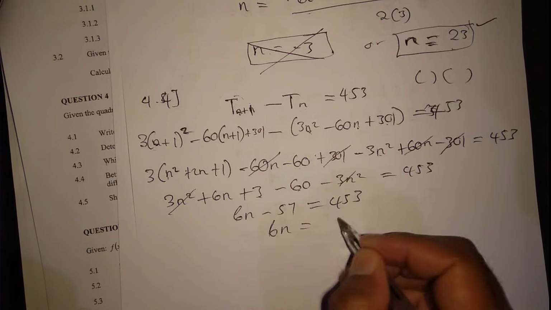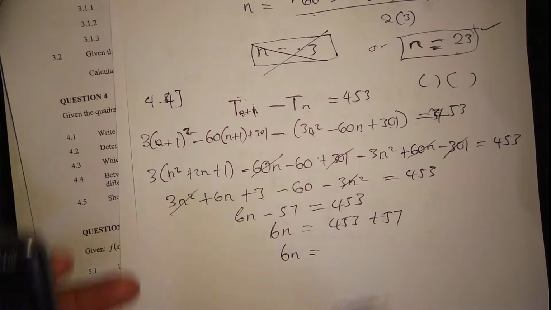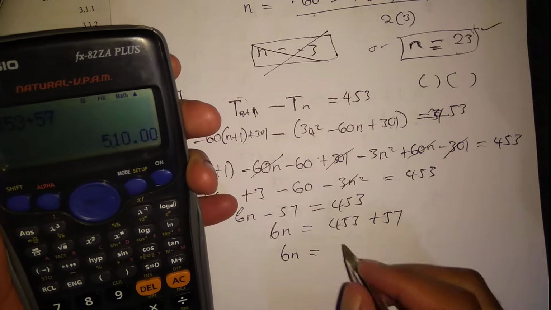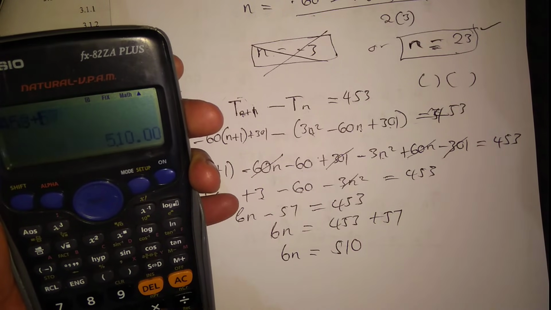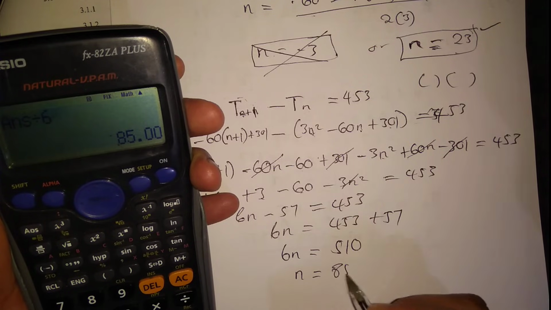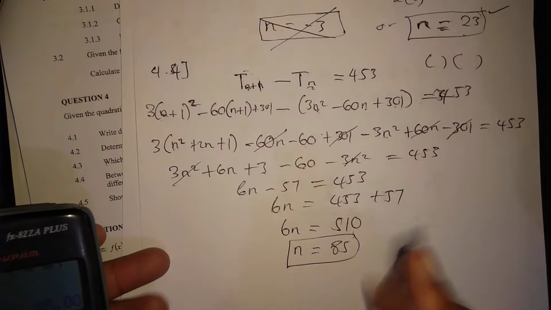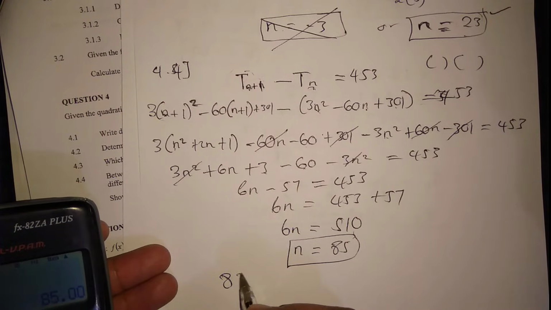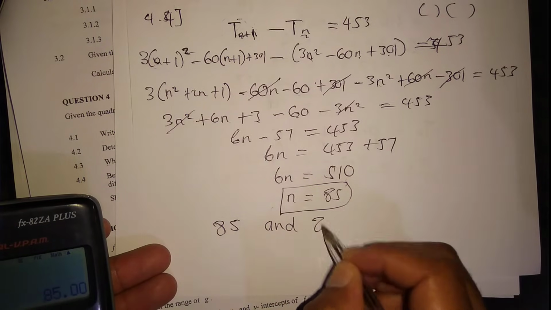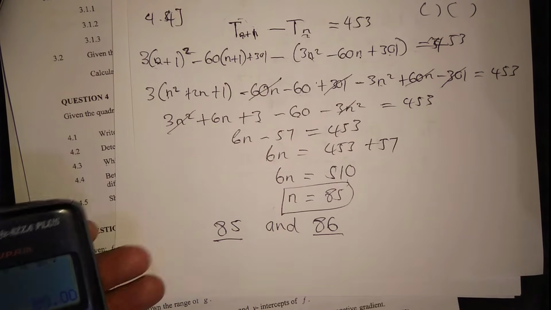And then 6n is equal to 453 plus 57. 6n is equal to 453 plus 57 is equal to 510 divided by 6. N is equal to 85. So n way 2 is what? It's 85. So kazuguti, it's between bani the 85th term and 86th term, 85 and 86.